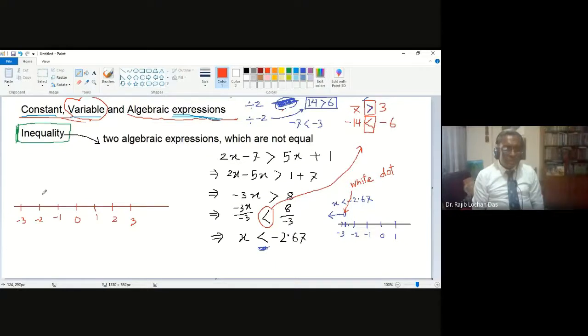If you have a black dot here and then the arrow to the right side, what will you write for this? It will be x greater or equal to minus 2. Is that okay? Do you understand this?